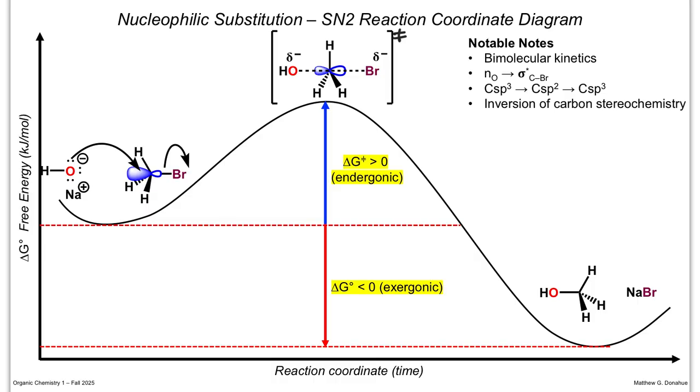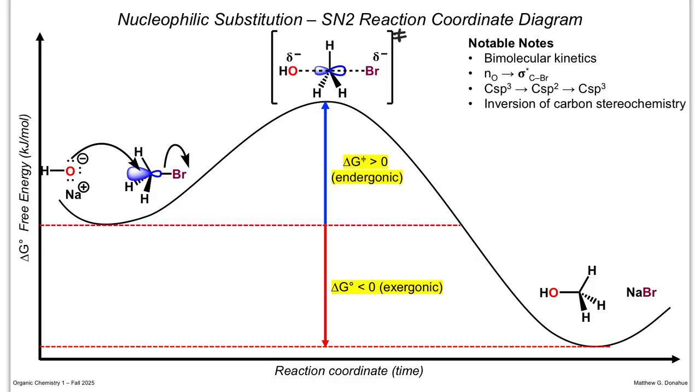So you need to think of these things, even though they're static images, as having to get close in proximity to react. So that means there's distance. And as they get closer, you have bonds forming and breaking.